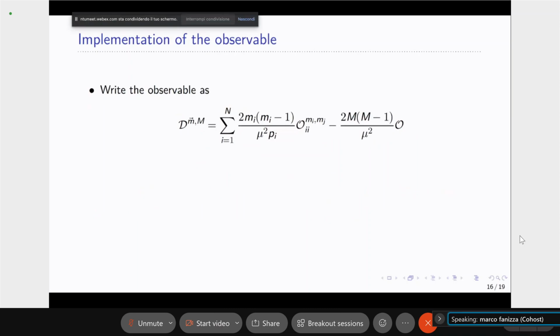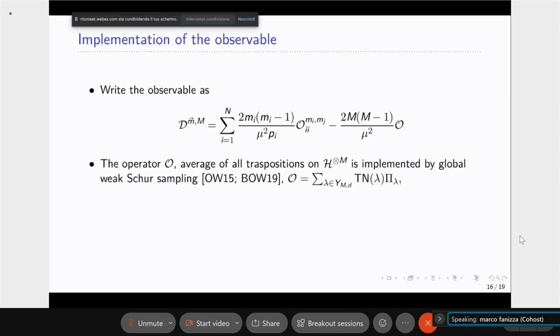We know also how to implement the observable, and this can be done by writing the observable in this alternative way, where now the operator O is the average of all transpositions on H tensor M, which is implemented by global mixture sampling on all the M factors. And O can in fact be written in this way, as a linear combination of mixture projectors.